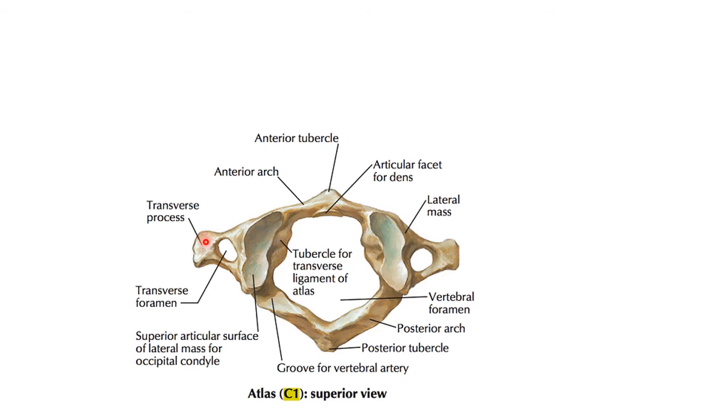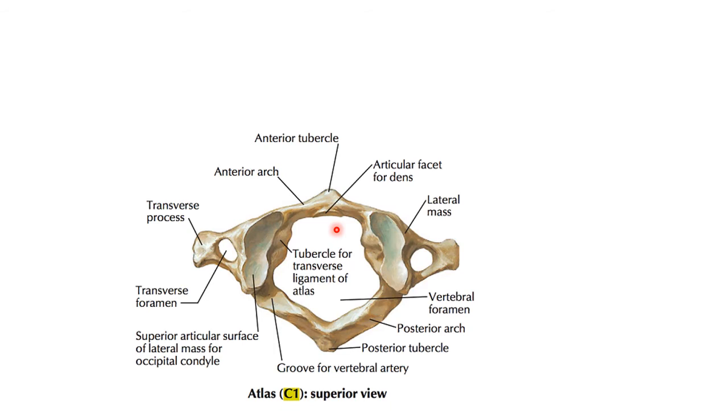The most important feature of the atlas is the absence of its body. The body is absent because during development the centrum, the body of the first cervical vertebra, gets fused with the centrum of the second cervical vertebra, that is axis, to form its process called dens.